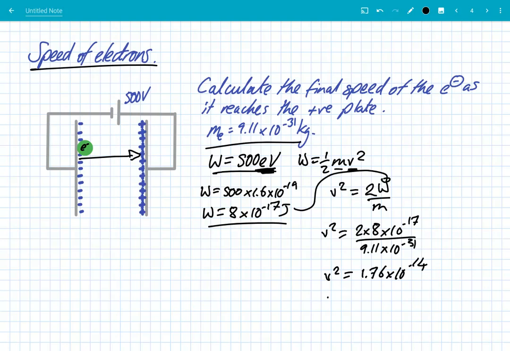And when I square root that, I get v is 1.33 times 10 to the 7 meters per second. So this electron is now traveling incredibly quickly when it's accelerated by 500 volts.